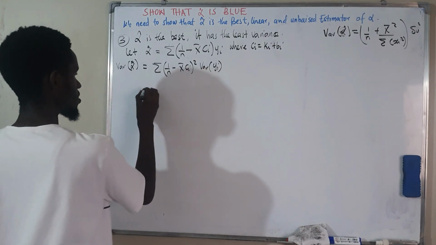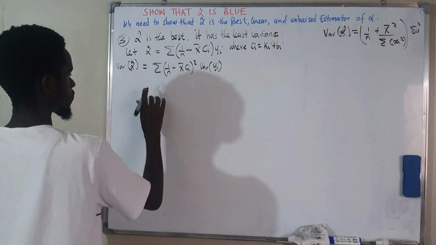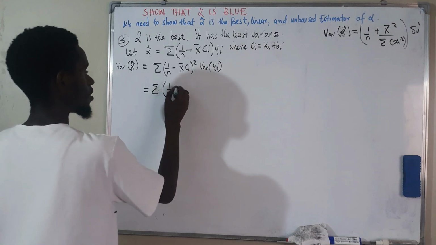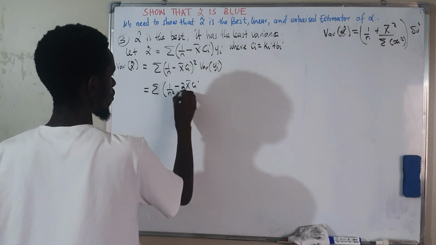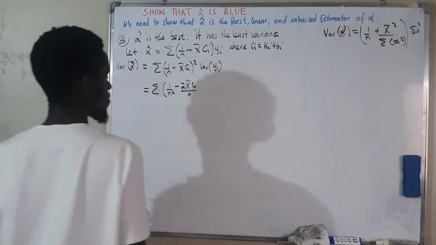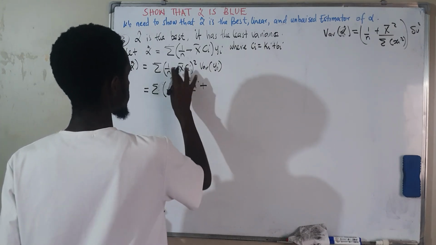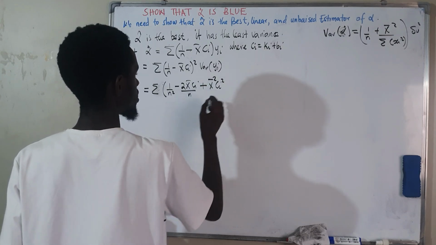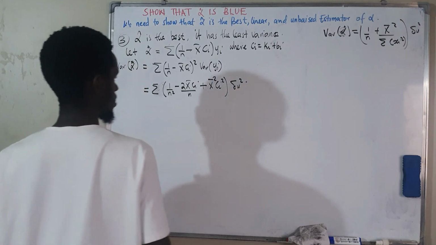If I square everything, I have the summation of 1 over n squared, minus 2 x bar ci over n, plus x bar squared ci squared, times sigma u squared.